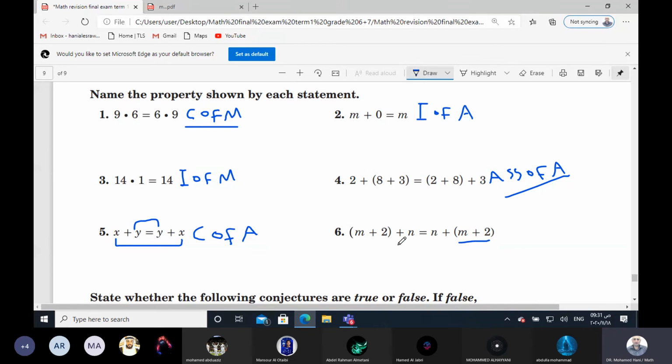The same numbers inside the parentheses, so no change inside the parentheses. Just the place of the parentheses changes, here on the left, here on the right. So it means we have commutative of addition.